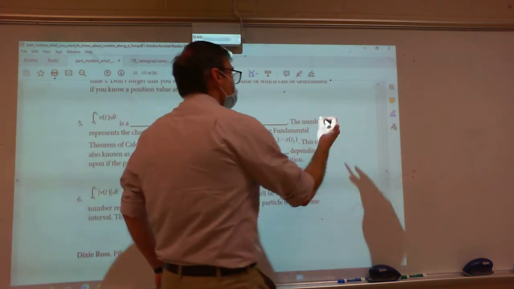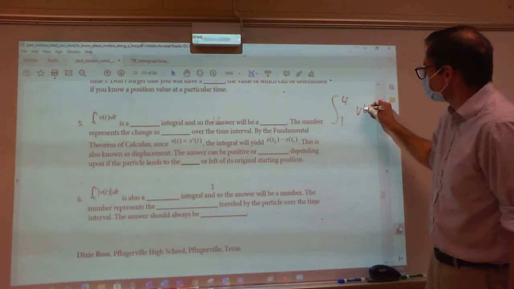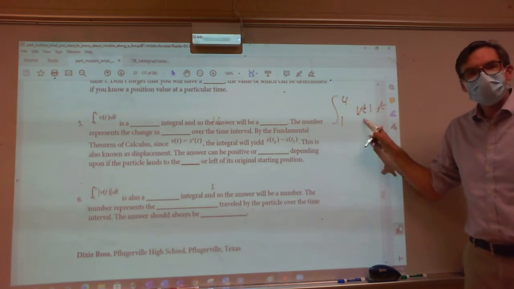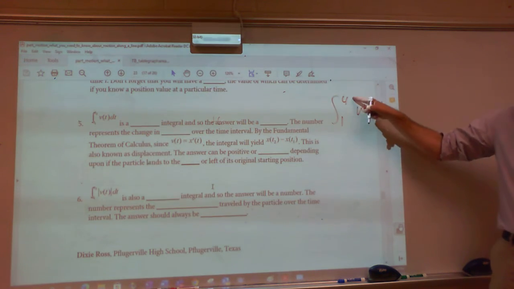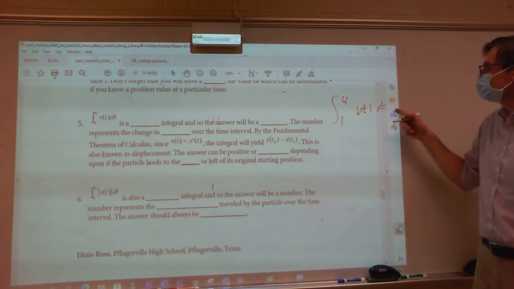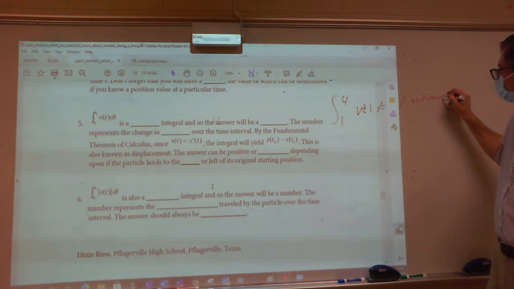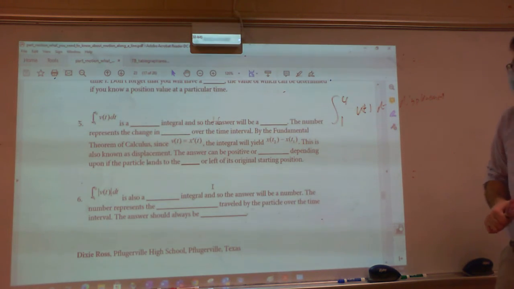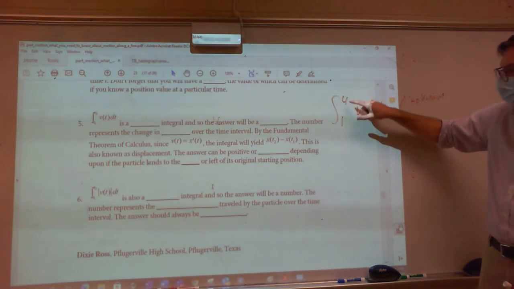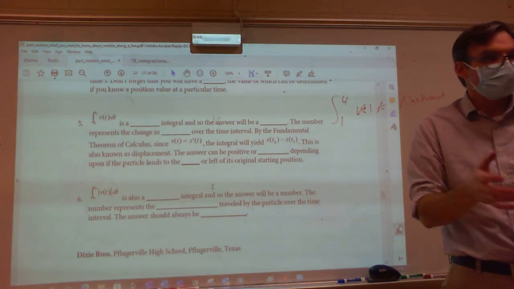If I put numbers, like from 1 to 4 of v of t, here's what this tells us. This tells me how far I traveled from time 1 to time 4. This tells me displacement. Anytime you compute the area under velocity from here to here, that tells you your change in position. That tells you your displacement.